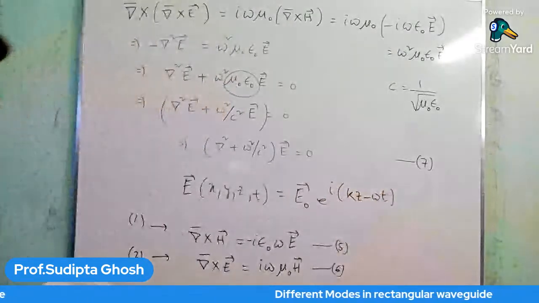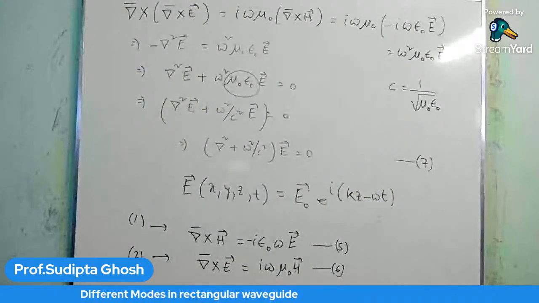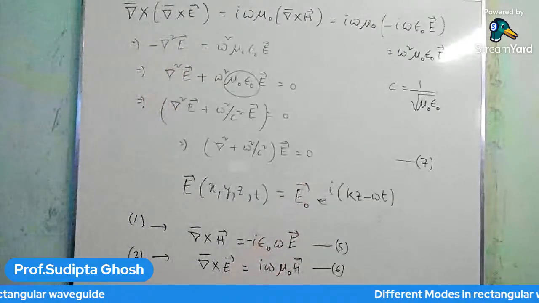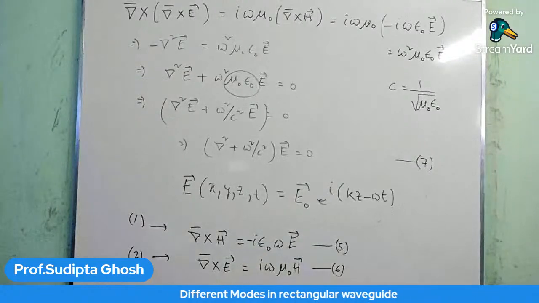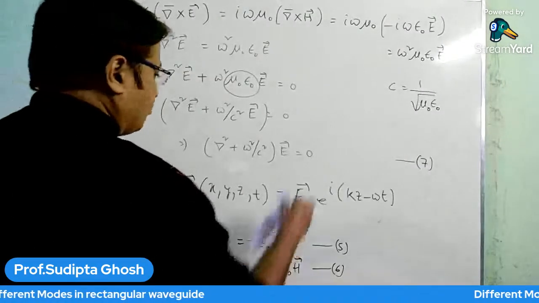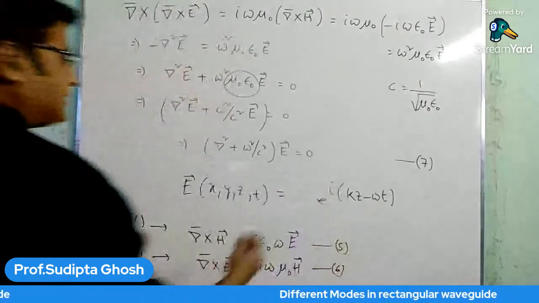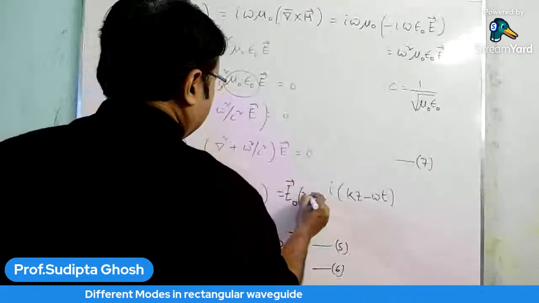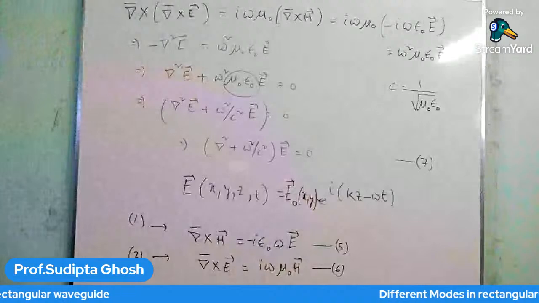So we are seeking a solution of this form, where E0 is the amplitude of the wave, and this amplitude is a function of x and y, so you can write it as E0 of x, y.